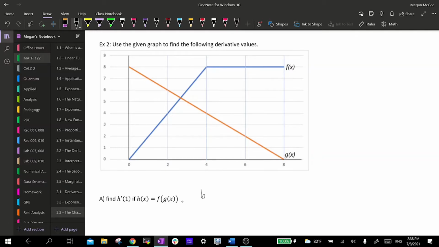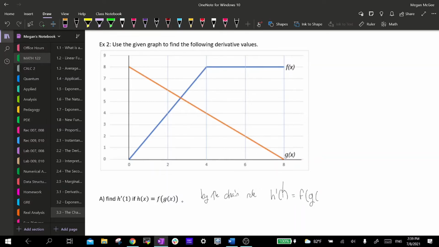So, by the chain rule, we know that h prime of 1 has to be the derivative of our outside function, which is f, evaluated at our inside function, but instead of saying g of x, we need the value that we are interested in, which is 1.